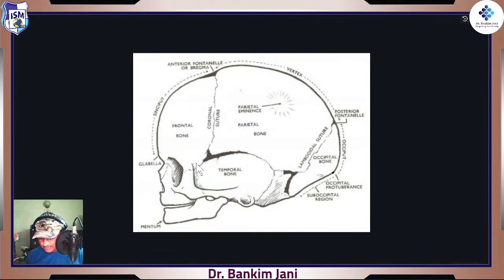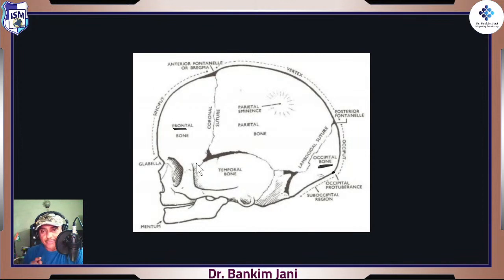In head and neck, this is frontal, the side is parietal, and the back side is occipital. So this is the occipital bone, this is the frontal bone. These are the parietal eminences, the surroundings being the parietal bones.